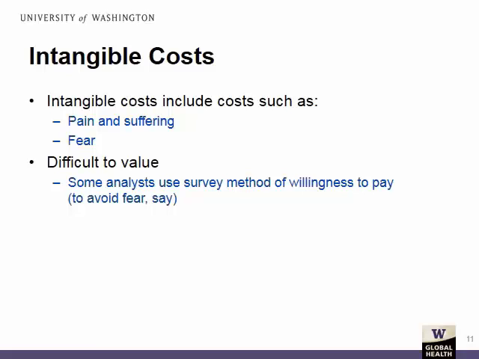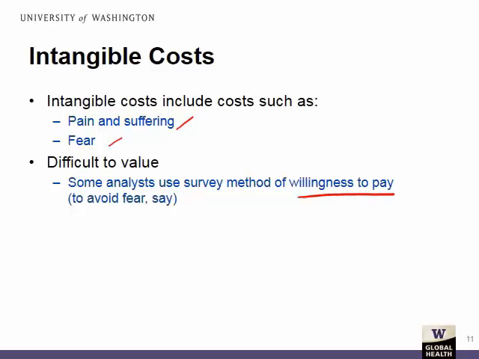The other kind of cost that you will see in some published reports is the idea of intangible costs. These are to do with things like pain and suffering or fear that are difficult to value directly. But some analysts might use willingness to pay methods.